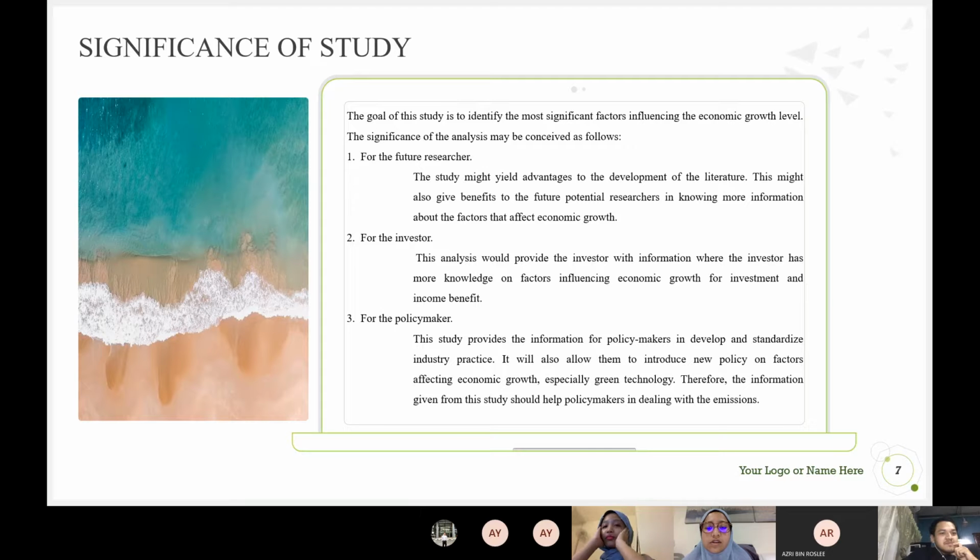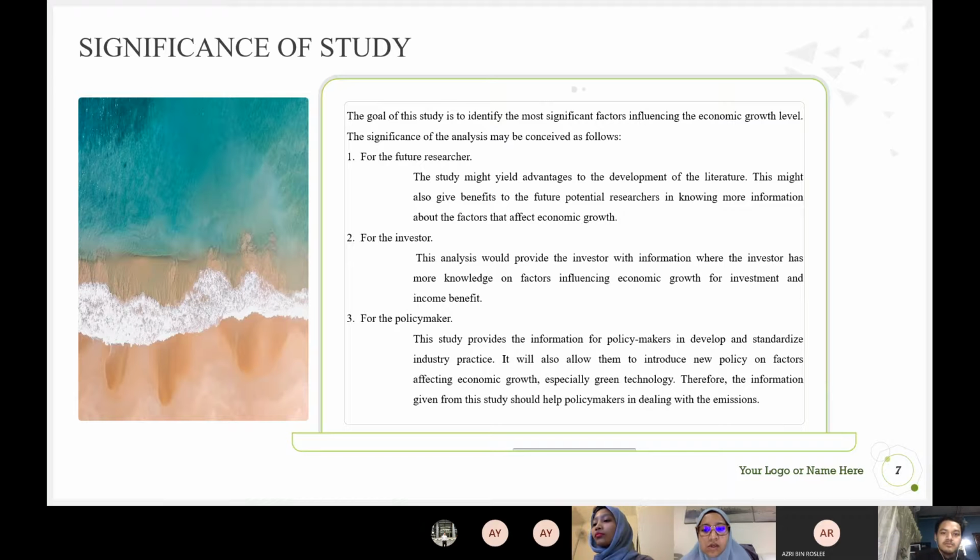Second, for the investor, this analysis would provide the investor with information where the investor has more knowledge on factors influencing economic growth for investment and income benefit. Third, for the policymaker, this study provides the information for policymakers to develop and standardize industry practice.